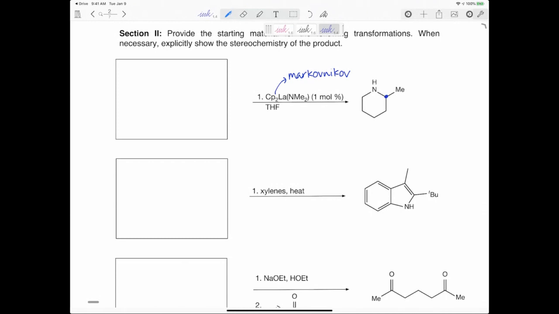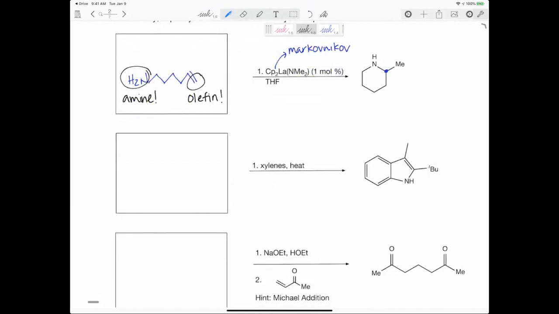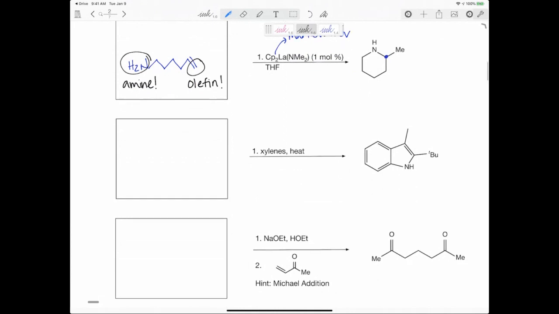If you see my exam 3 notes, yes, it's a Markovnikov addition. Okay, and it has to have an amine on one end and a double bond on another end. Okay, so this is something that you have to look out for. You do this reagent when you deal with this reagent here. Okay, has an amine and an olefin. So, and then right here is an amine. And then you're able to form that product.